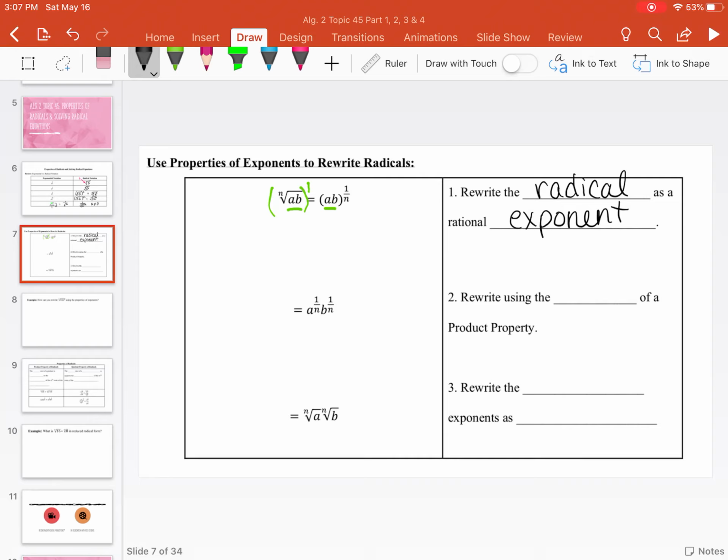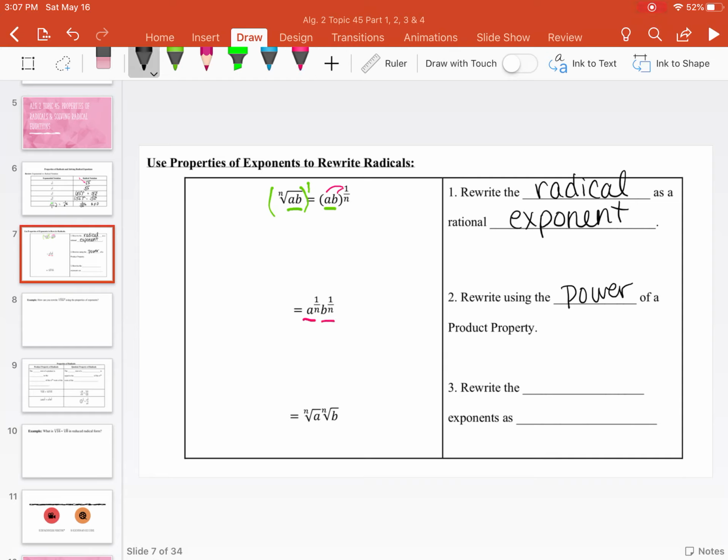Now we can rewrite using the power of a product property. So this ab to the 1 over n will be applied to every single factor, to the a and the b in this case. So we're left with a to the 1 over n times b to the 1 over n.